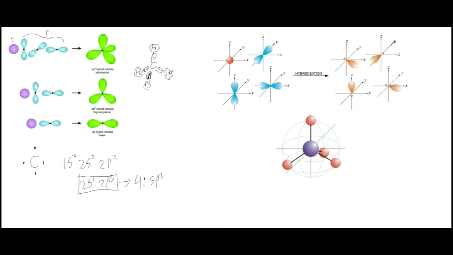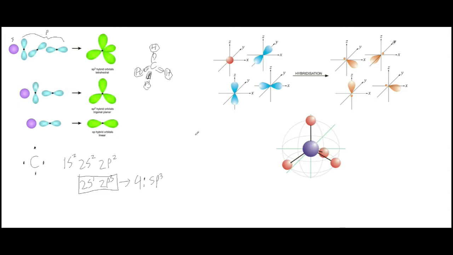I have over here just another way of showing it, where we have the s orbital and the 3 p orbitals hybridizing to become these sp3 hybridized orbitals, which then, as you can see here, form this tetrahedral shape.